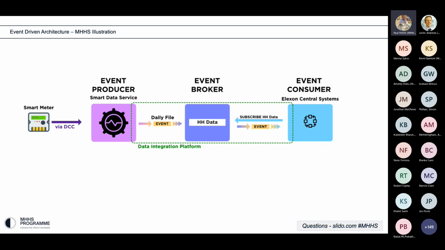We're using this in its simplest setup. It will take that, and depending on some of the validation that the data integration platform does, it will route that information and make it available to the end consumer. They can either get it direct or they can subscribe to those events.